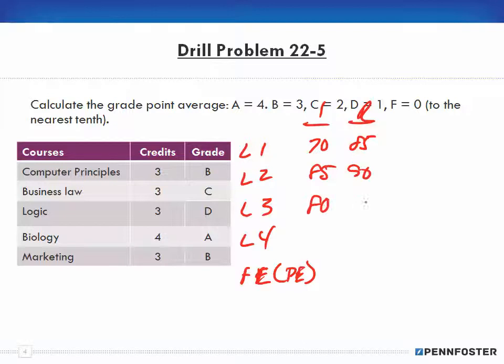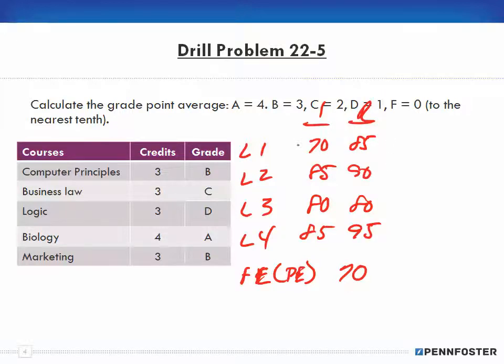Let's say you get an 80 and an 80, and let's see here, 85. Let's say you get an 85 and then you get a 95. Okay, and then on your final exam, you end up with a grade of, say, 70. Okay, right.